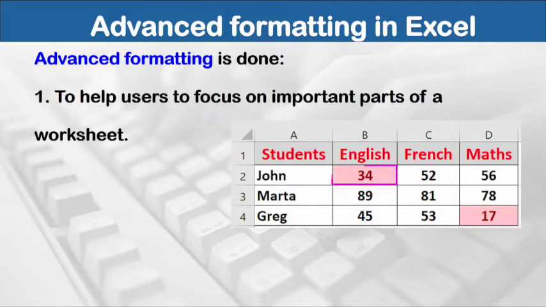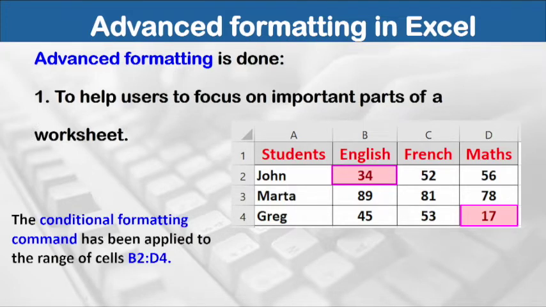As you can see, cells B2 and D4 are highlighted as they contain values less than 40. Here, a conditional formatting command has been applied to the range of cells B2 to D4. This command will be covered in more details later in this lesson.